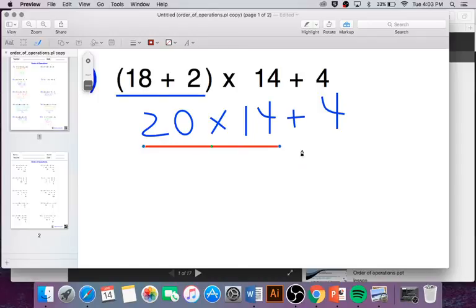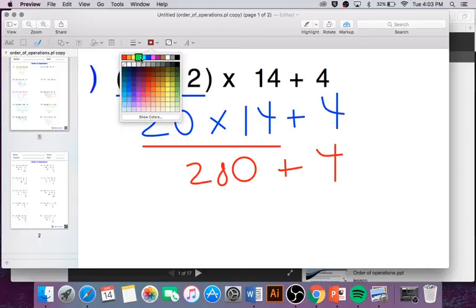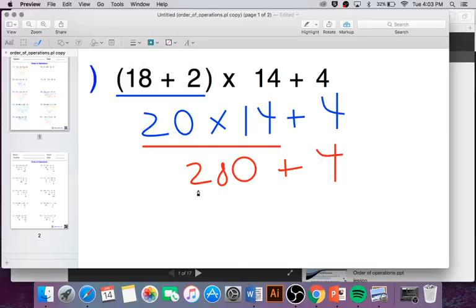So we have 20 times 14, which is 280. And then we'll bring down the plus 4. Only operation we have left is 280 plus 4, which will give us 284.